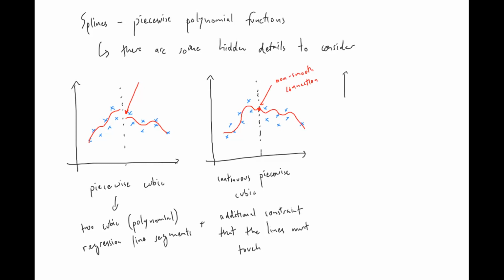So our last example, we're going to add one more thing here. So additional, I can spell, hang on. Additional constraint that lines must be smooth at the breakpoint.